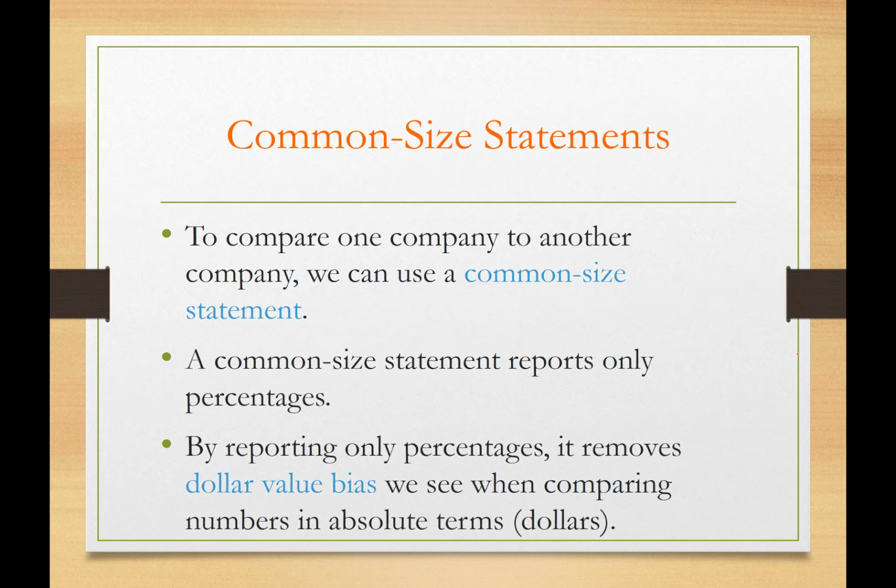You could be comparing a very, very big company to a very, very small company, but you'd be comparing apples to apples from a percentage perspective. As the third bullet here says, it removes the dollar value bias when you're comparing numbers in absolute terms in dollars. We're not going to see the dollars, just percentages, and we can see which would be a better company from the percentage perspective.